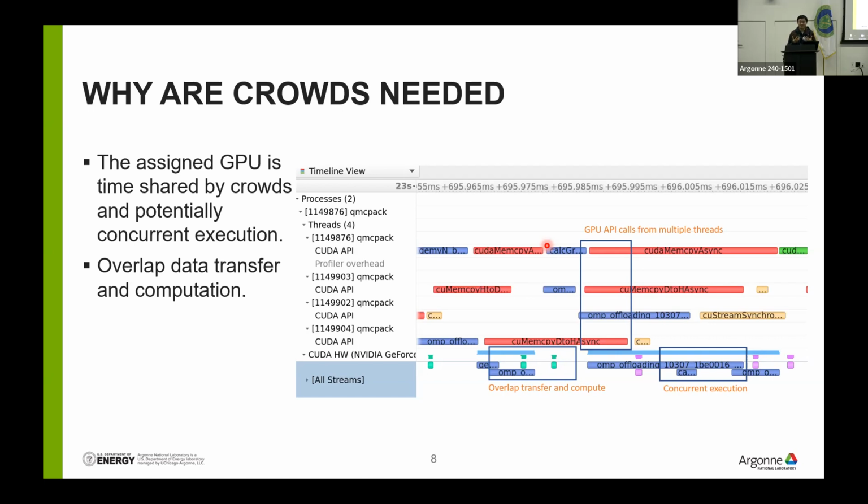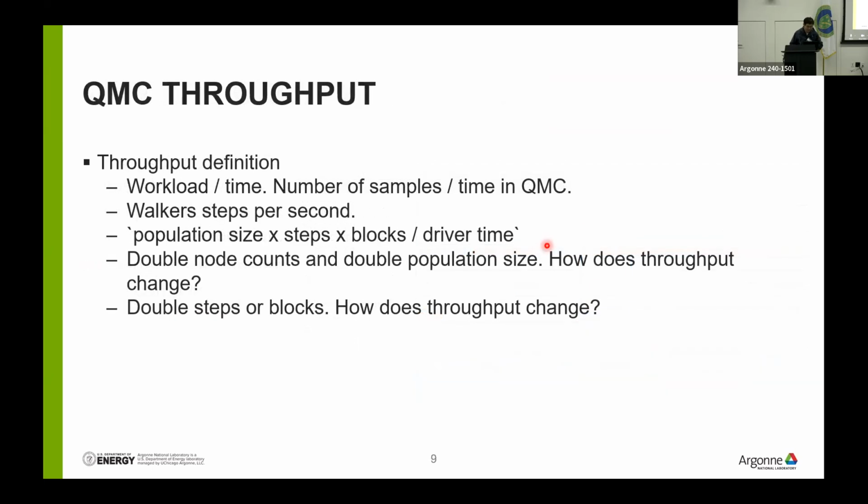That's the intention, to maximize use of the resources on the GPU, both for computation and for data transfer. This is by design, we just get those features out of this crowd design. If you're interested in more details from a computer perspective, you can go back and read that HiPC paper.